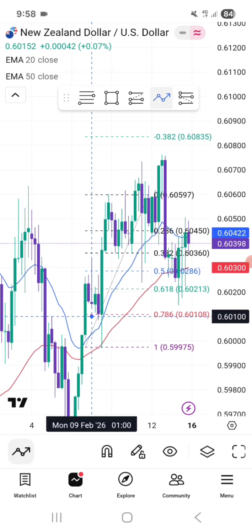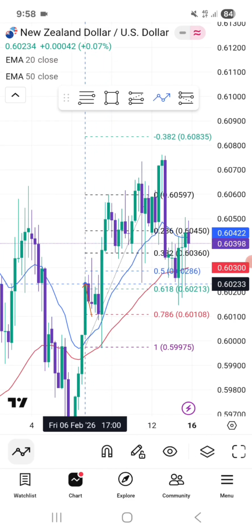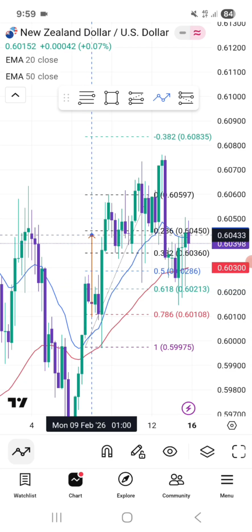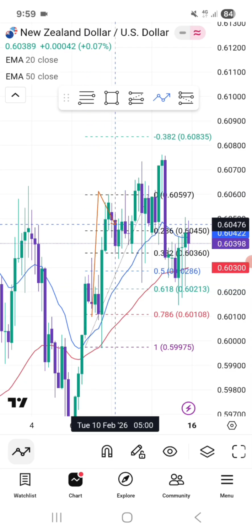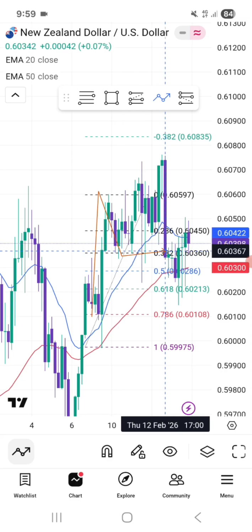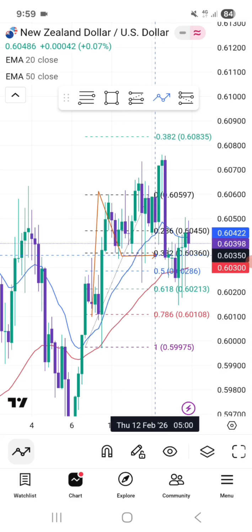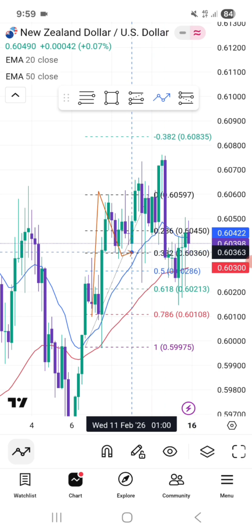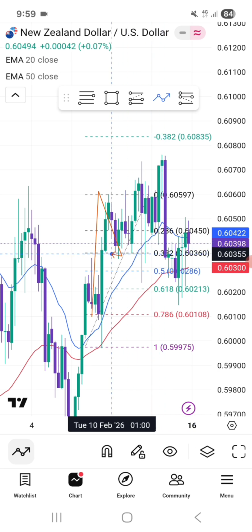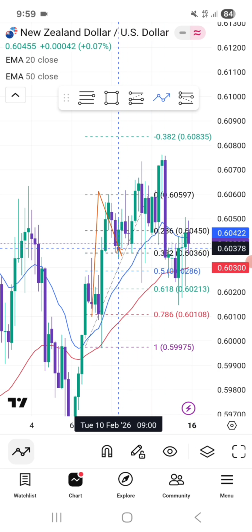So price went from breaking this level of resistance, break this structure, and started to have some kind of pullback, tested this 38.2% area of Fibonacci.